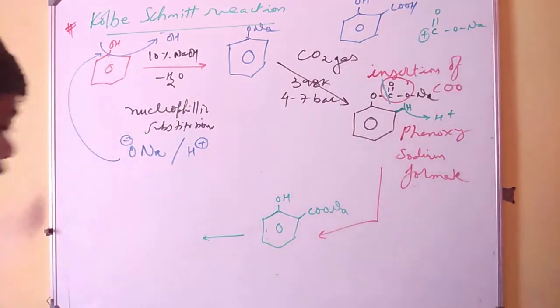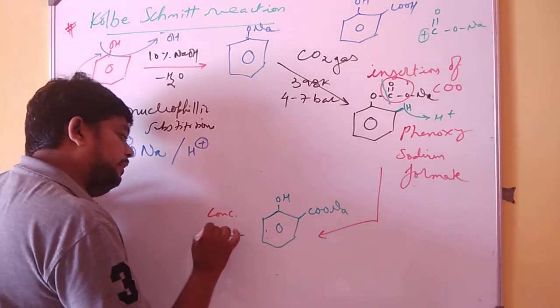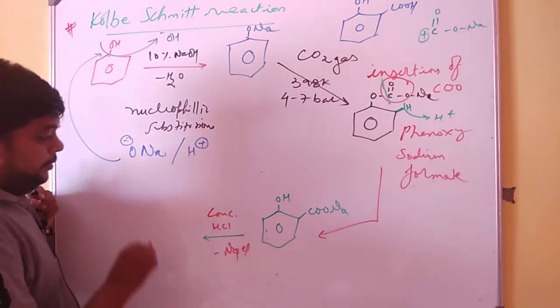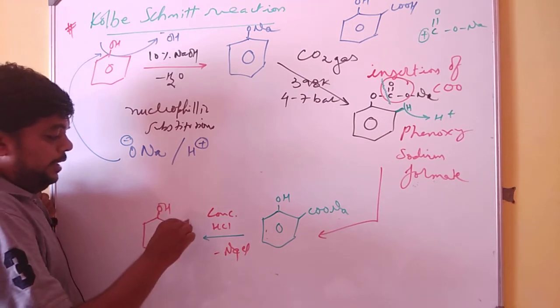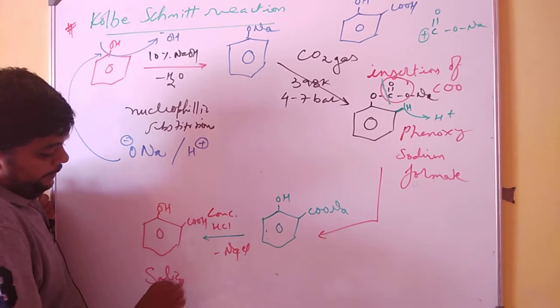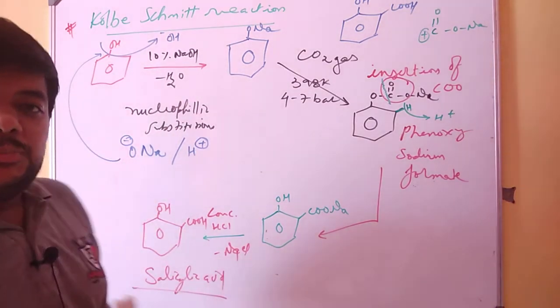This, when undertaken an acid treatment, that is with concentrated hydrochloric acid, will end up giving sodium chloride, and you will always be able to write OH COOH, so salicylic acid, as the Kolbe-Schmitt product.